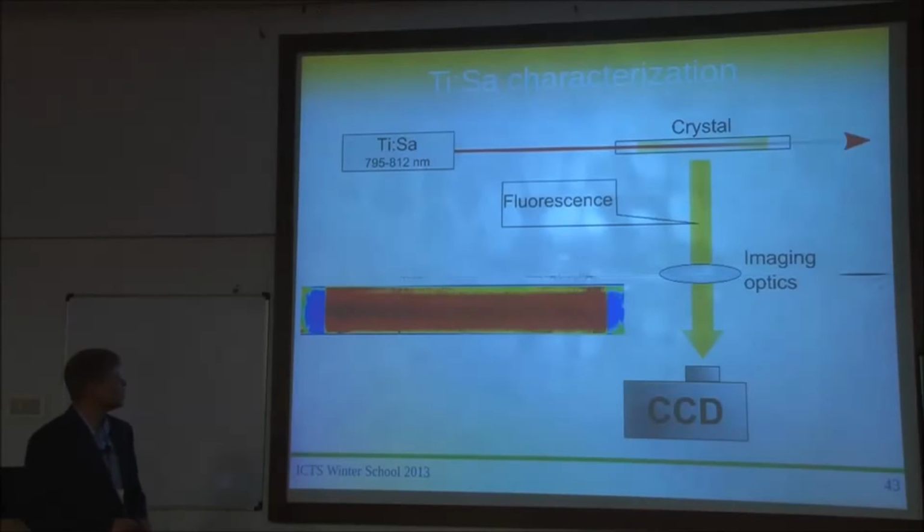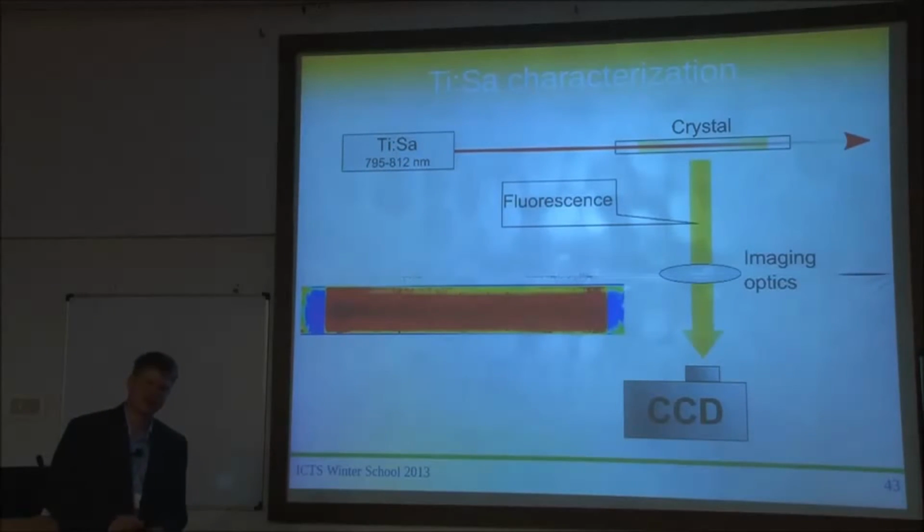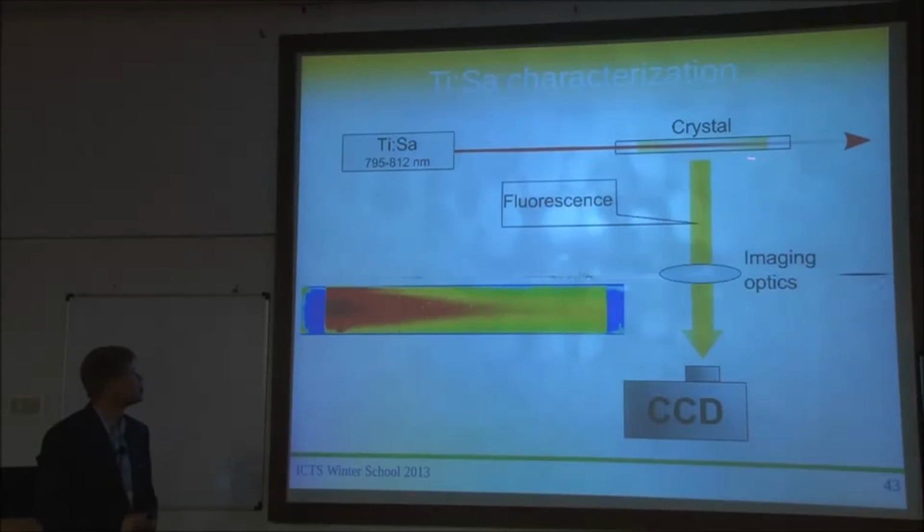One is you use a Titanium sapphire laser, and that emits light around the pump wavelength, where you actually pump the crystals in the laser setup. You send that to the crystal, so that creates some fluorescence, and then you image that fluorescence with some kind of imaging optics.